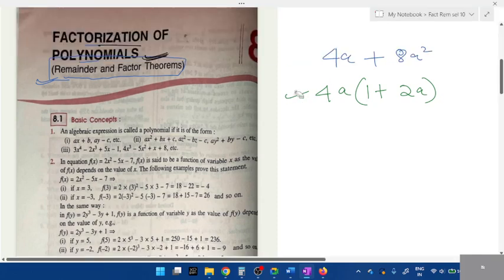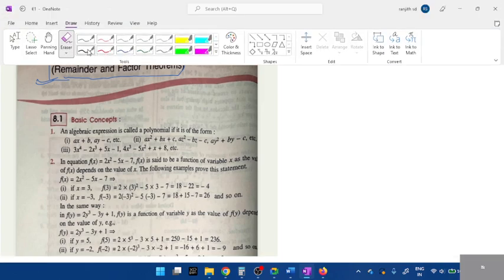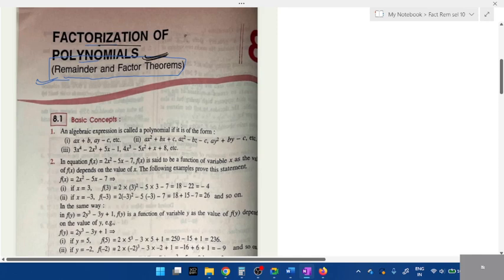In that, what is remainder and factor theorem? First thing, what do you mean by polynomials? If you have the textbook, just refer. An algebraic expression, anything which has alphabet, ax plus by, a quadratic equation ax square plus bx plus c, all these are known as polynomials. Any alphabet with numbers. What was the highest degree for a quadratic equation?